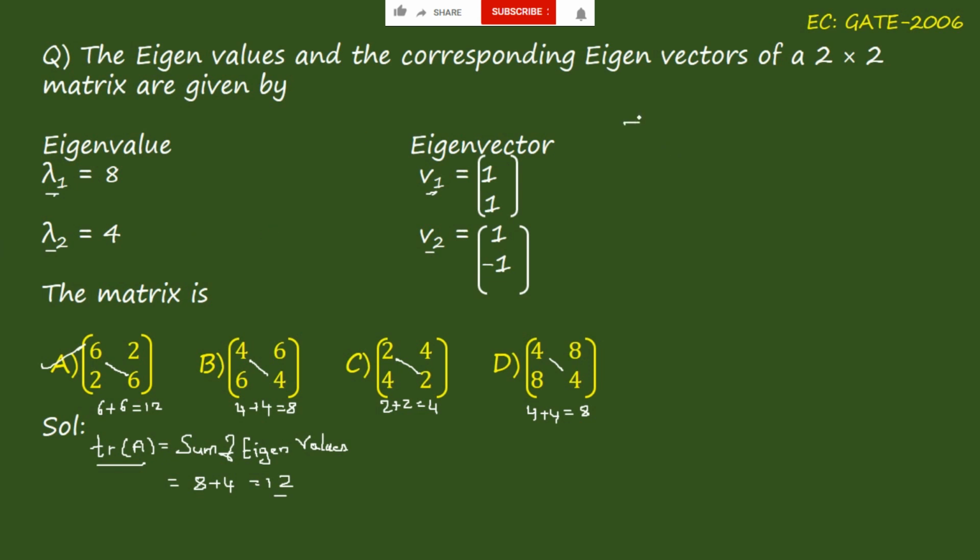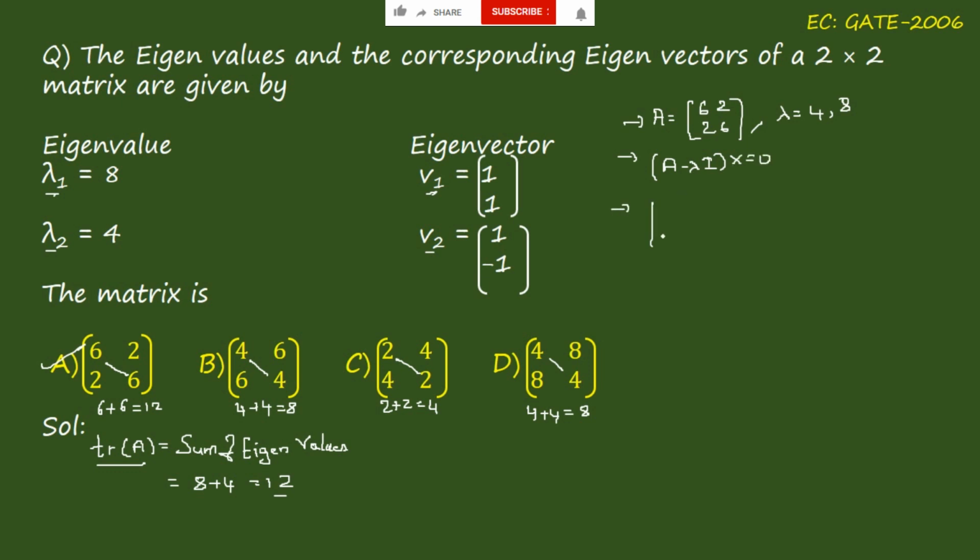If you want to solve it with this particular matrix, matrix A is given as 6 2 2 6, and the eigenvalues are 4 and 8. Yes or no? And we have to find the eigenvectors. Eigenvectors are given by A minus lambda I into x is equal to 0. So just substitute.